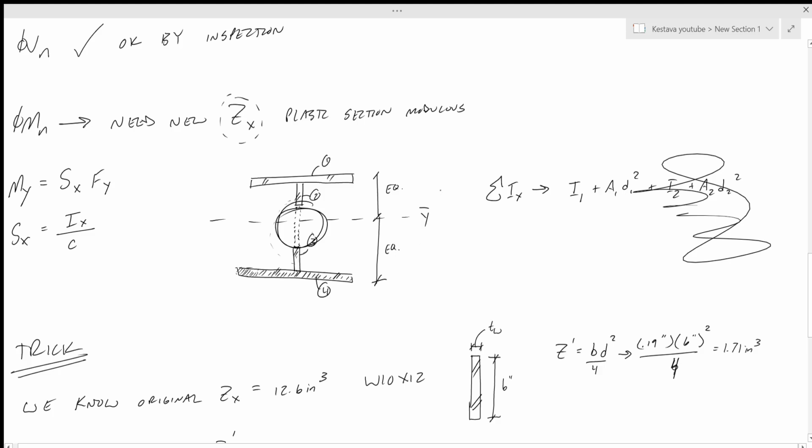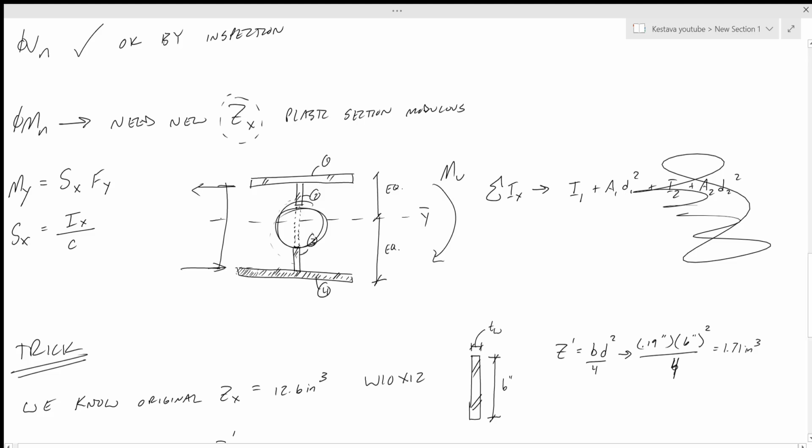You have a moment happening about this section, and the moment is counteracted through a force couple. The force couple happens from a depth of that, and then you have two forces, top and bottom, which is your top and bottom flanges, and that's where it's resisted in terms of bending moment.